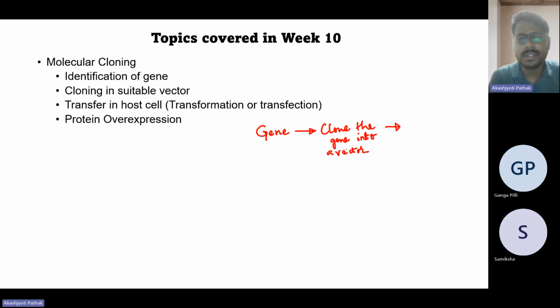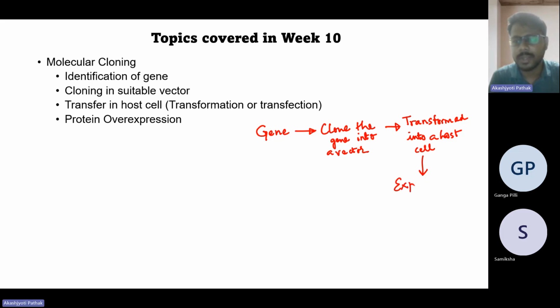Once this gene is cloned in the vector, the cloned vector is then transformed into a host cell. And once it is transformed in the host cell, the protein can be expressed.